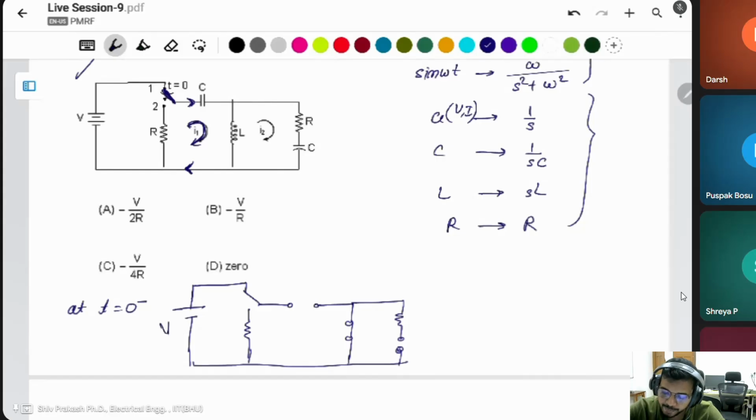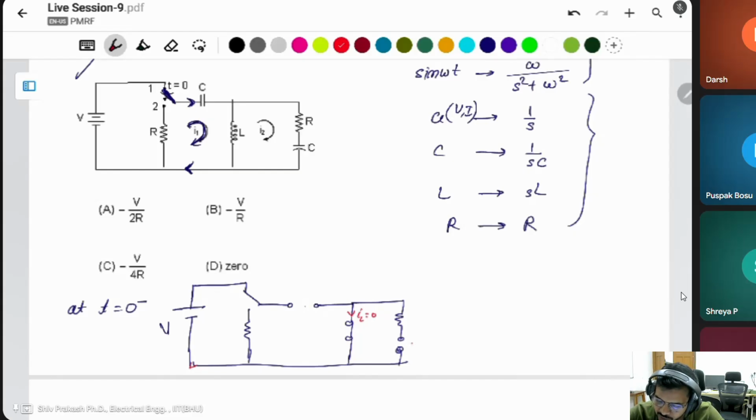This is the V. In this condition, inductor current will be 0 in this branch because there is no connection. Open circuit is here, open circuit here.